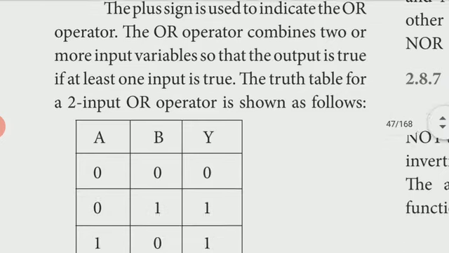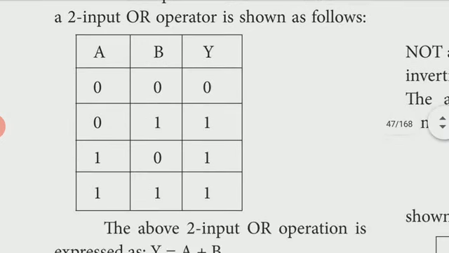See here, the first input is 0 for A and B is also 0, and the result becomes 0. For the remaining inputs, A gets 0, B gets 1, so the answer becomes 1.